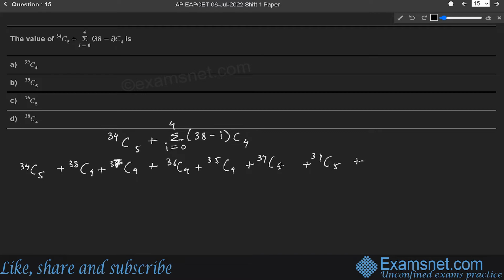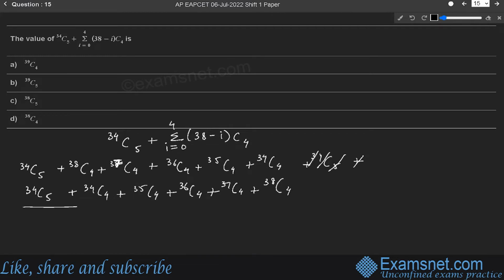It can also be written in the next step, because we have to combine the same terms. Here there is 34C5 plus 38C4 plus 37C4 plus 36C4 plus 35C4 plus 34C4. So it can be 34C5 plus 34C4 plus 35C4 plus 36C4 plus 37C4 plus 38C4.